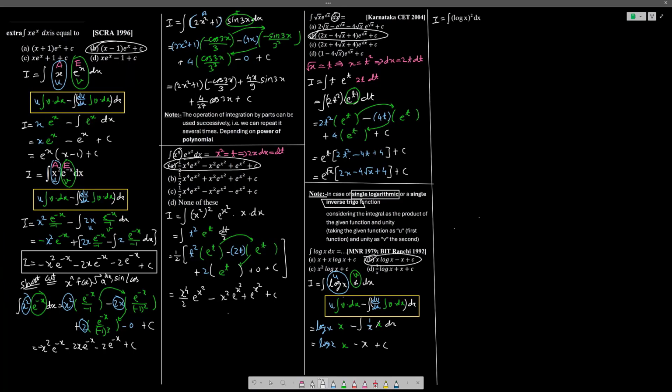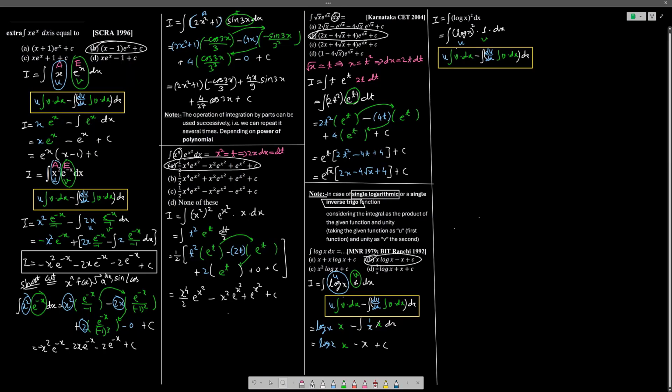Here we have to integrate log x the whole square. Again a single logarithmic function. So what we have to do? Into 1. Okay. So here we'll get log x the whole square into 1. Consider log x the whole square as u and 1 as v, and apply the formula.